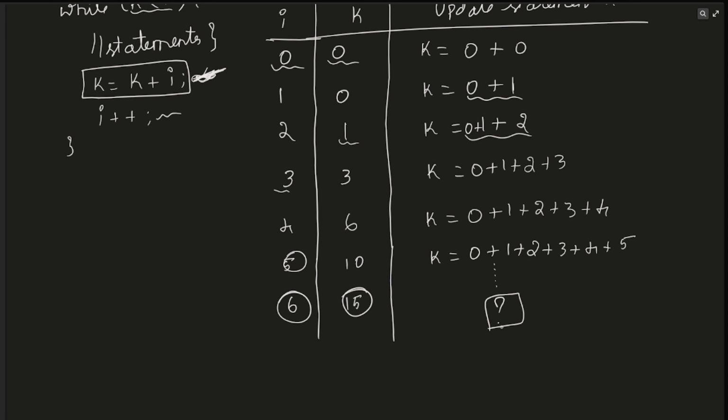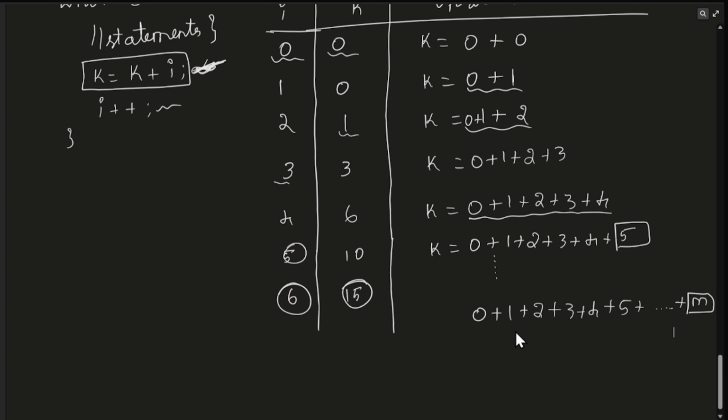In that case, can't we just consider this as 1 plus 2 plus 3 plus 4 plus 5 plus m, and this m is unknown to us for now. We need to find out the value of m. To find out the value of m, we need to check when our loop is stopping.